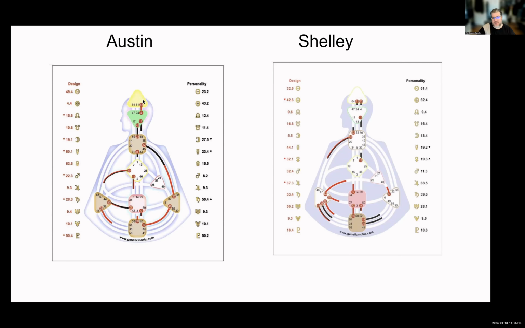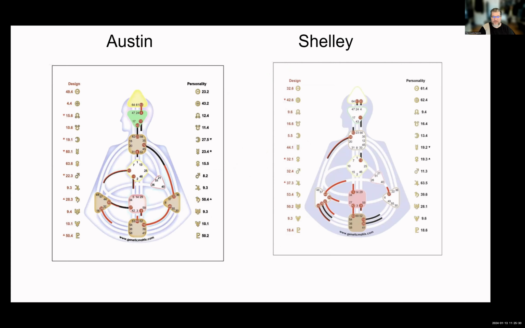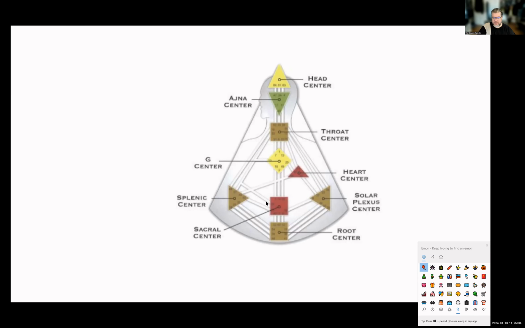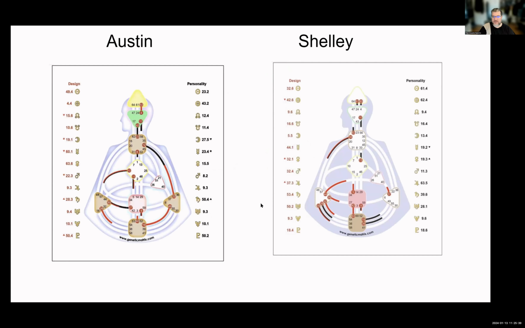So you see in my chart a lot of stuff is connected. This is the very analytical side of me. Look: head, ajna, throat, solar plexus, root. And then you have the other part for me, the splenic center to the sacral center.